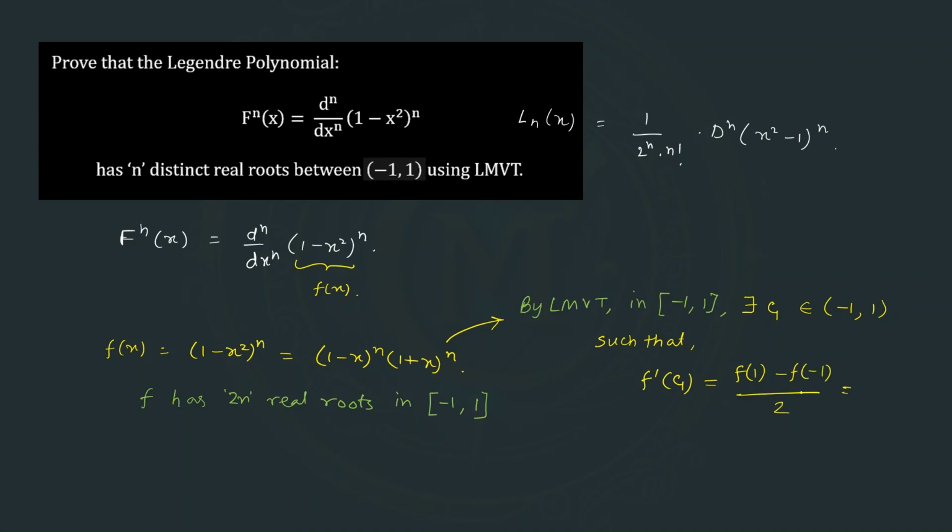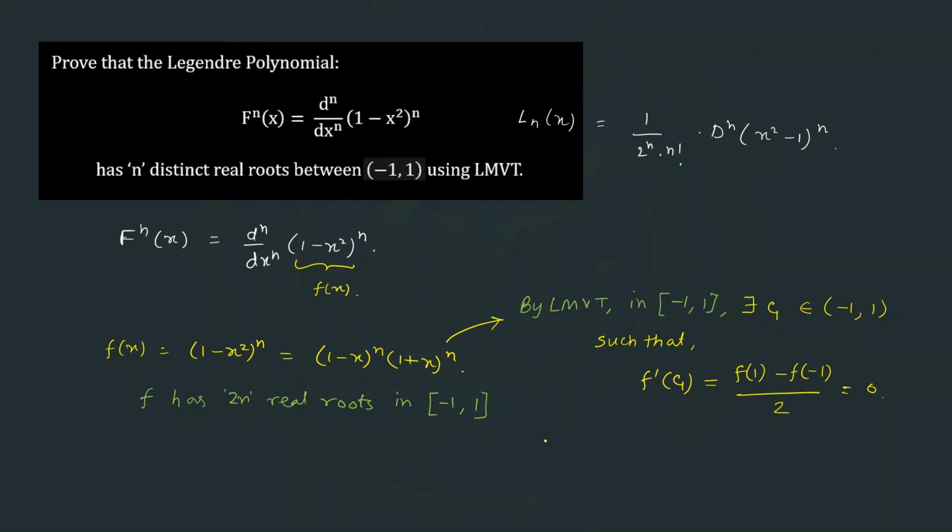So f of 1 is 0, f of -1 is also 0. So this will be equal to 0. That means the first derivative of this function f of x has one real root in the open interval -1 to 1.